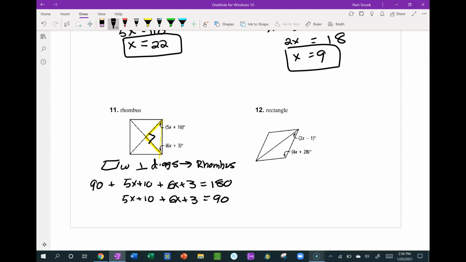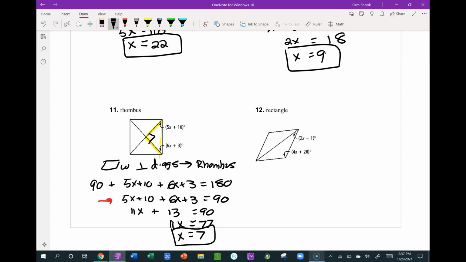Because I know one of those angles is 90, then the other 2, I can just add them up and get 90. So if you want to take a shortcut, you can start with that equation right there. So let's combine our like terms. We have 11x plus 13 equals 90. 11x equals 77, x equals 7.